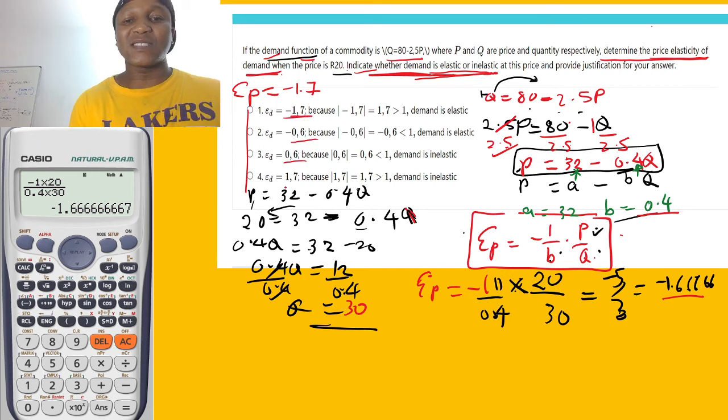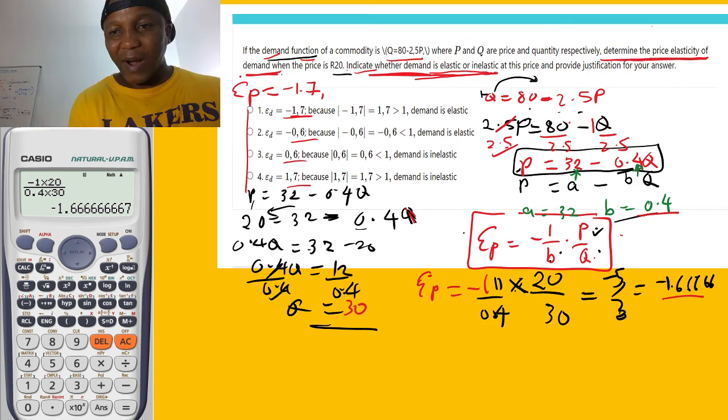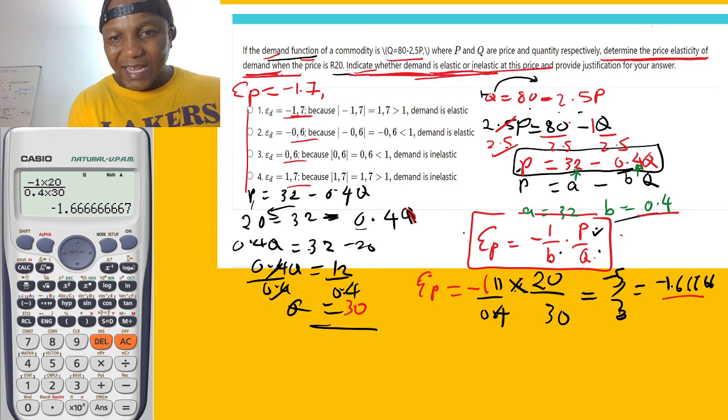This is too far, this is too far. Negative 1.7. That's the price elasticity of demand. But now they say indicate whether it's elastic or inelastic.